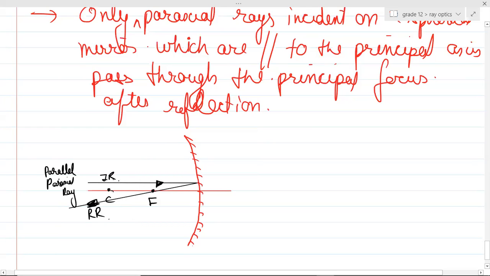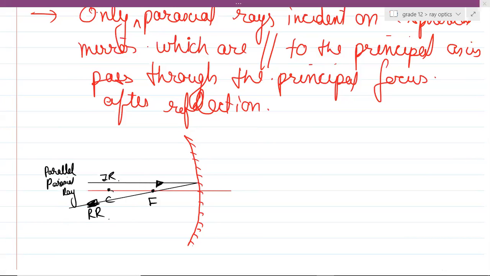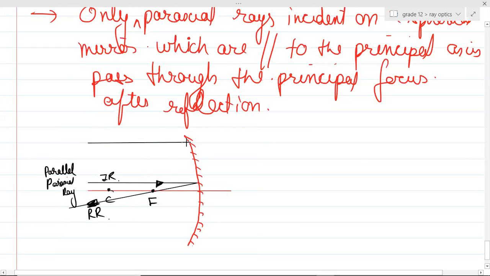So this is our incident ray, and can you see guys, only those incident rays which are parallel to the principal axis will pass through the focus, or appear to pass through the focus in the case of a convex mirror, right? Suppose you have another ray which passes through here and gets incident over here. Can you see the distance from the principal axis is way too high, right? So this is a non-paraxial ray.